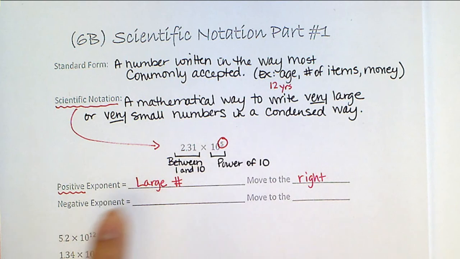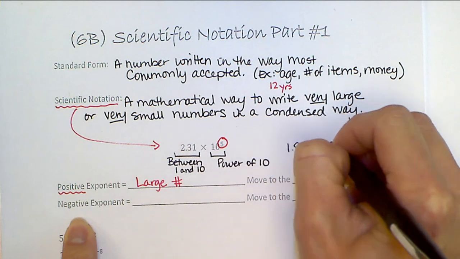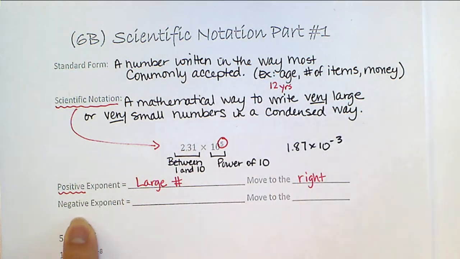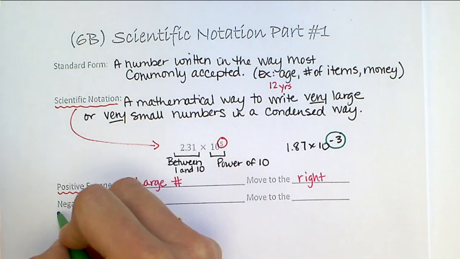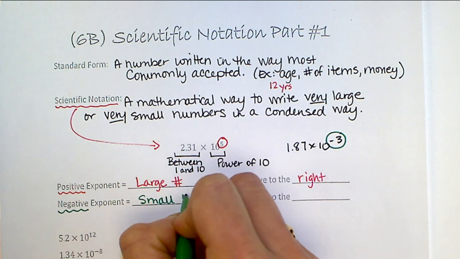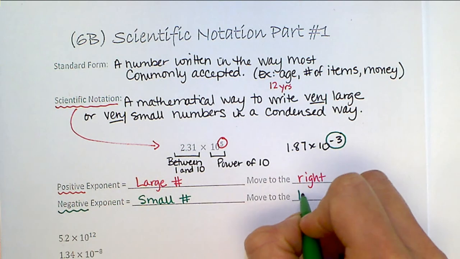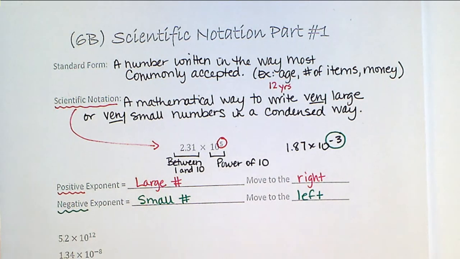If I see a negative exponent, for example 1.87 times 10 to the negative third, we're going to get a small number, like the size of the atom, and we're going to move to the left. Here's how this is going to play out.